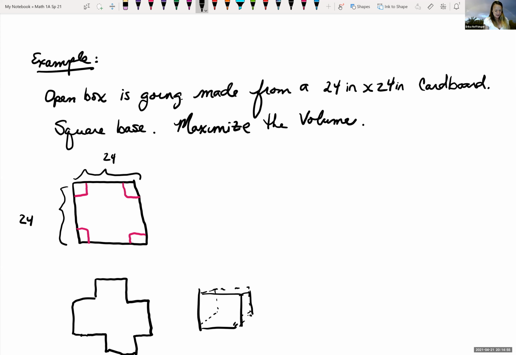So you've got this box here, and we know that the base, it tells us that it's square. Maybe we can call that X. So right here, that's telling me that this length in here is X. And this length in here is also X. And we know that this whole length of the cardboard is 24, but we've cut out some pieces.